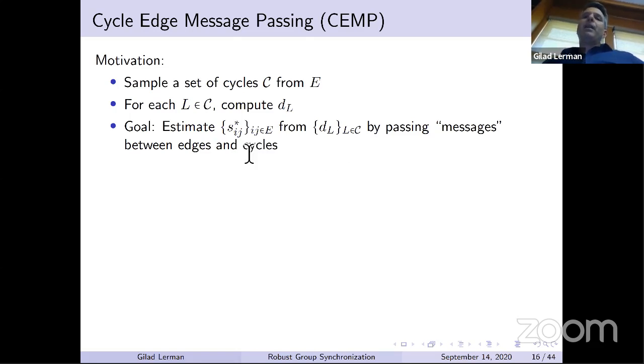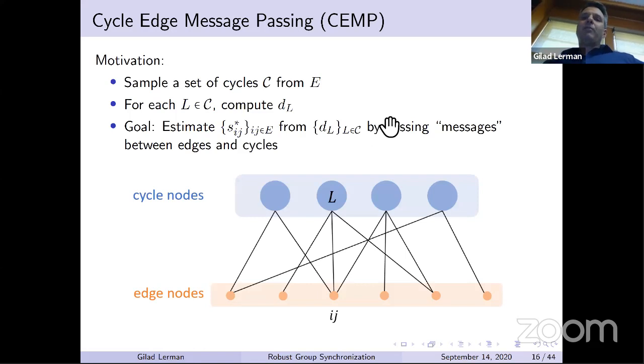Now, corruption levels live on edges, and cycle inconsistencies live on cycles. So we need to pass messages between edges and cycles. Just for illustration, I'll show you something analogous to the factor graph in belief propagation. So we have some interaction between cycles and edges.